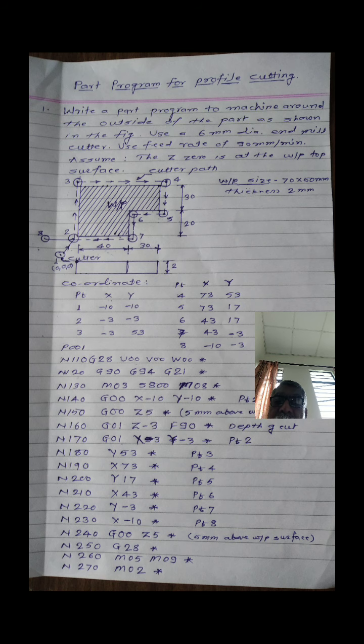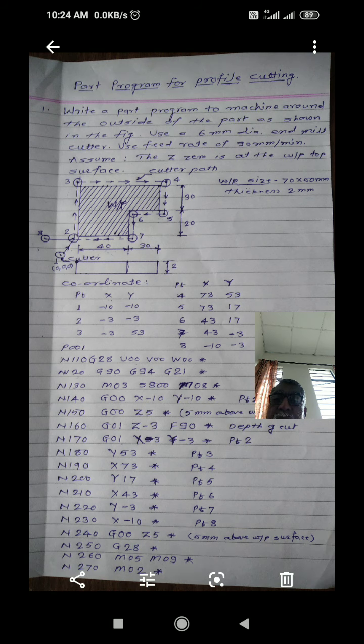Then you have to give the depth of cut to perform the cutting operation. Giving the depth of cut means you have to plunge the tool into the material. Therefore, it should be moved slowly, and you have to control the feed rate. Therefore, in block number N160, you use the code G01 linear interpolation function and give the depth of cut.